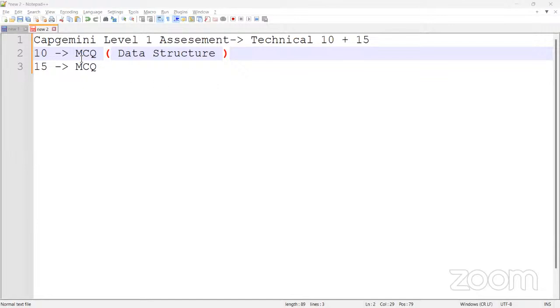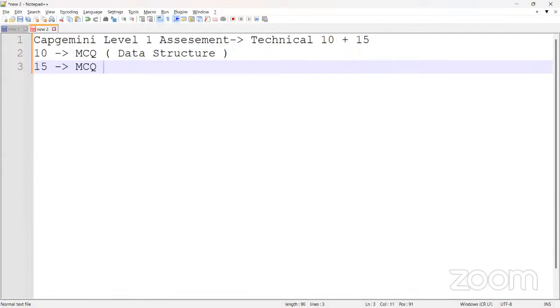Now, the 10 questions are from data structures, and we will discuss what we are going to prepare for that. And these 15 questions are from pseudocodes. So completely 25 questions are there, and to solve these 25 questions, you may have 20 or 25 minutes.